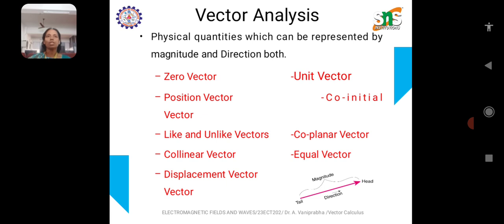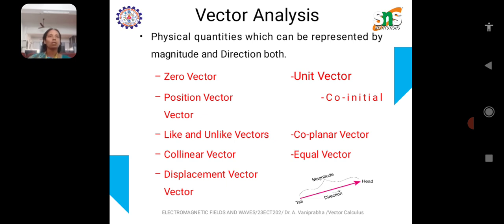Next is co-initial vector. Two forces acting on a hanging object from the same point. For example, if we hang a string, then based on the external forces, the string will move here and there. That is nothing but co-initial vector. Coplanar vector.